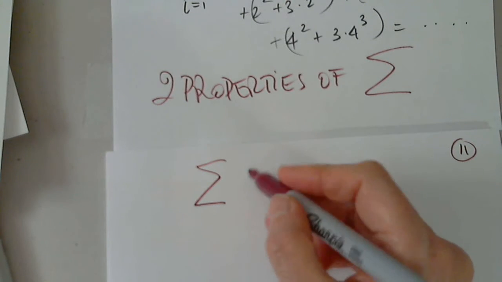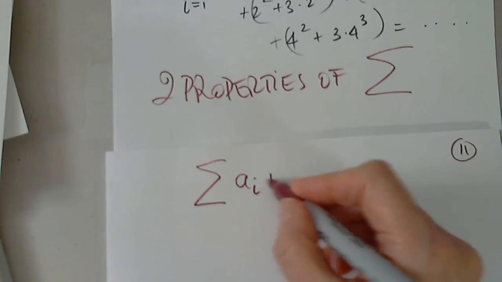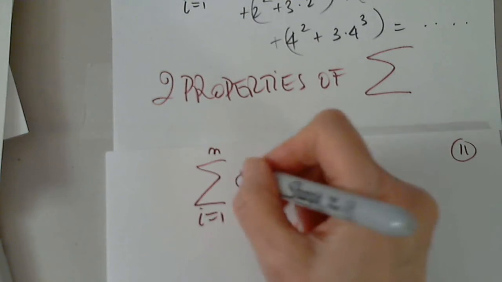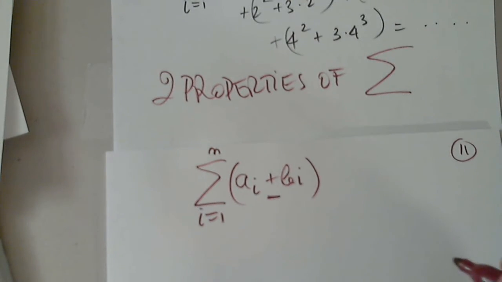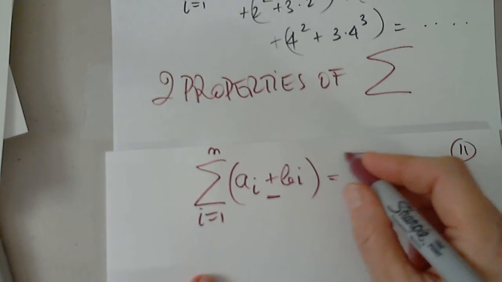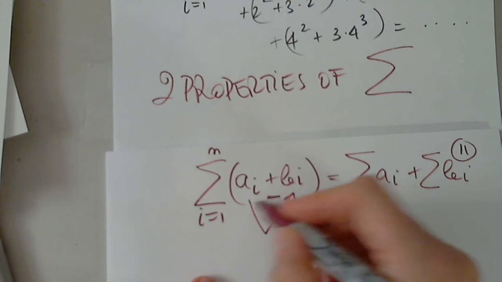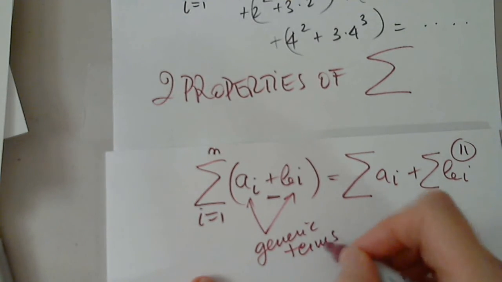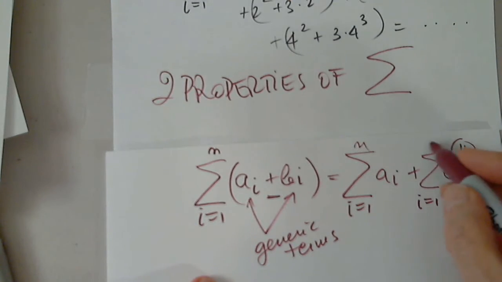The sum of a generic term, let's say a_i plus b_i, when i goes from 1 to n, or I could have a difference, is exactly what you would expect, the summation of a_i plus the summation of b_i. These are generic terms. So from i equals 1 through n, from i equals 1 through n.